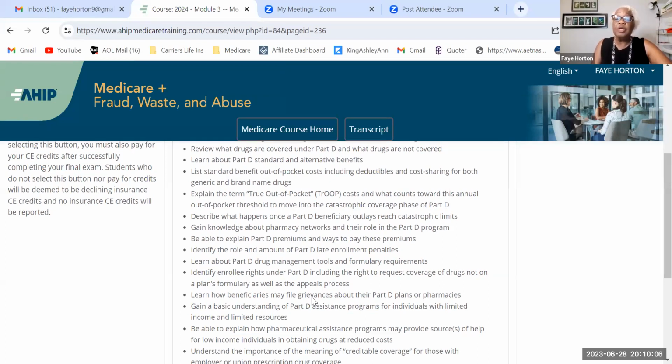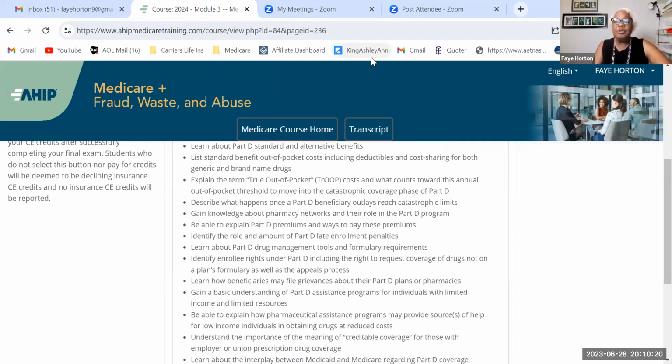Explain the term true out-of-pocket costs, TROOP, and what counts towards that annual true out-of-pocket cost. You'll be able to describe what happens once a Part D beneficiary reaches the catastrophic limits.